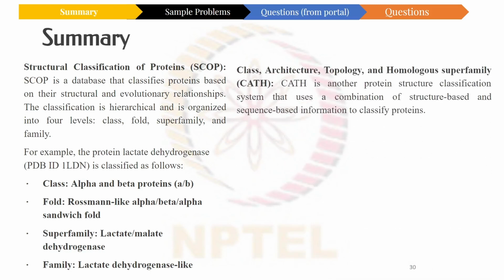Similarly, we have the second system, that is CATH, which stands for class, architecture, topology and homologous superfamily, which uses a combination of structure based and sequence based information to classify proteins.